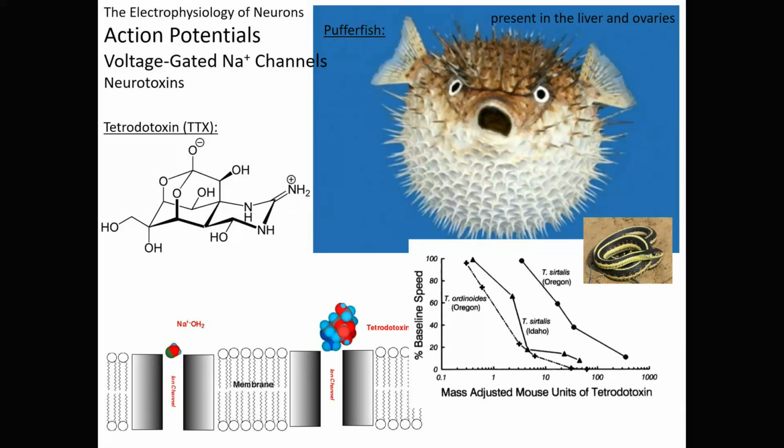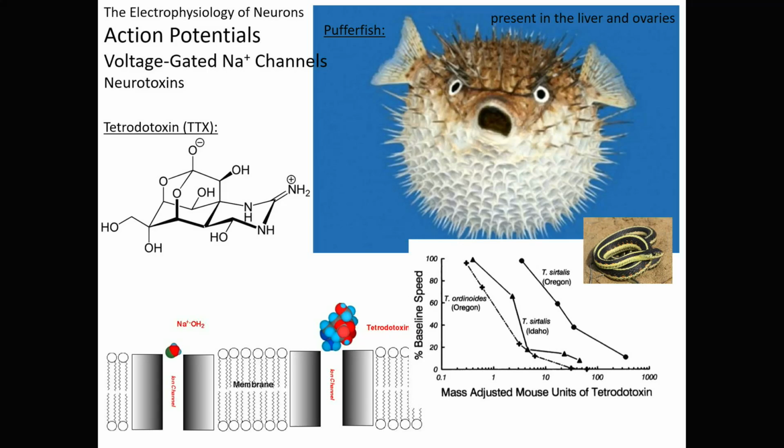But the other thing I wanted to also mention is that there are actually some animals that have figured out how to circumvent the tetrodotoxin toxicity, at least to some extent. And one such species is this species of snake right here. So there was a study that was done a few years ago. They were looking at two different snake species, so this T. sertalis and this T. ordinoides.